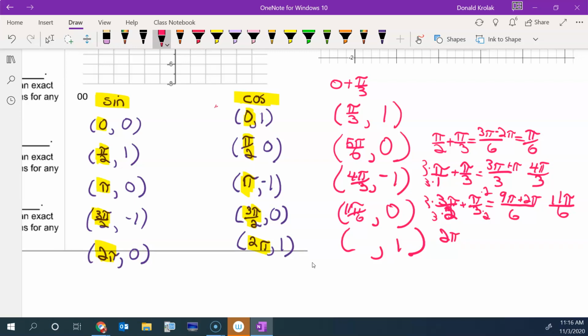And the values. Does anybody need help with their numbers? Yeah. Pardon me?